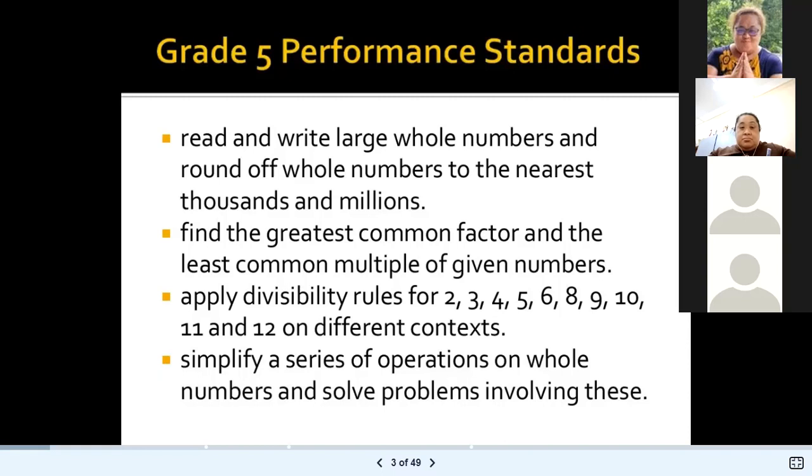So, find the greatest common factor and the least common multiple of given numbers. Find the greatest common factor.